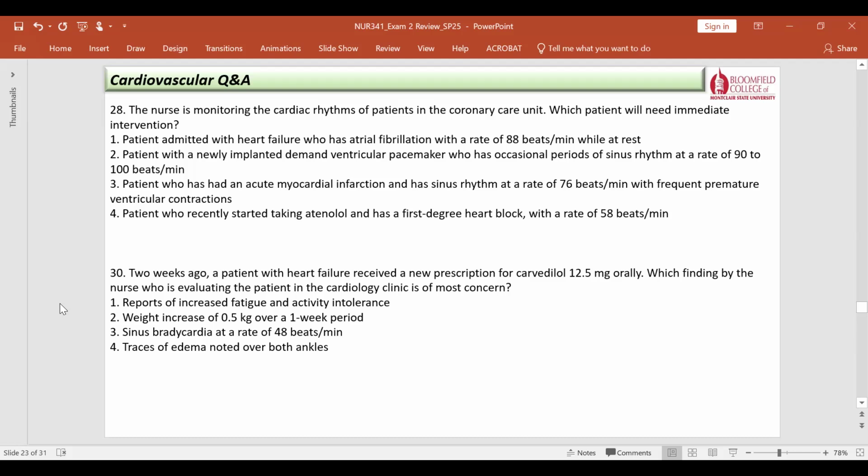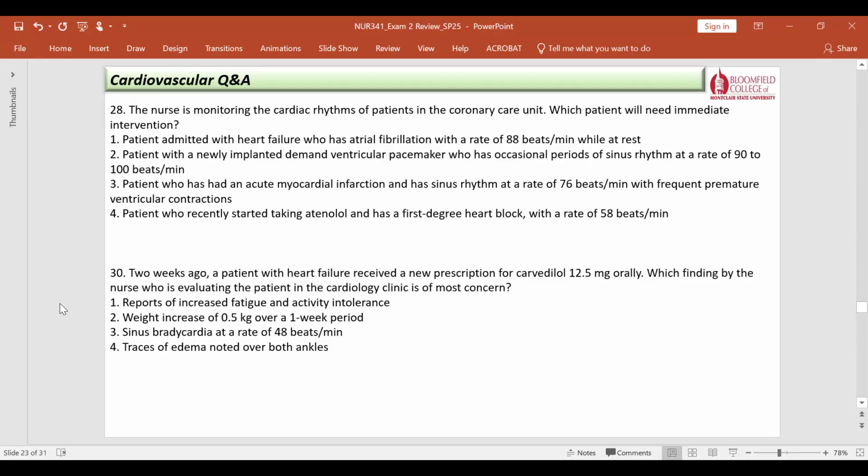Research indicates that mortality is decreased when patients with heart failure use beta blockers such as carvedilol, which is correct in this case. When a beta blocker is started for patients with heart failure, the symptoms may initially become worse for a few weeks.